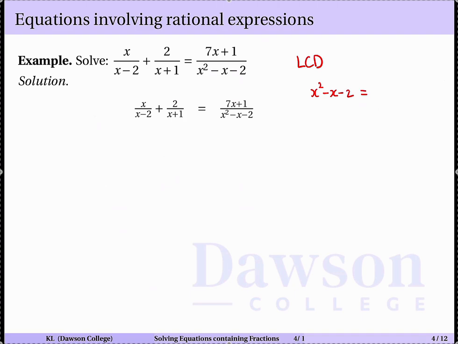If you do the factoring, you will end up with x minus 2, x plus 1. And then for the other denominators, we got this x minus 2 and x plus 1 as well. And we clearly see that the LCD will just be x minus 2, x plus 1.